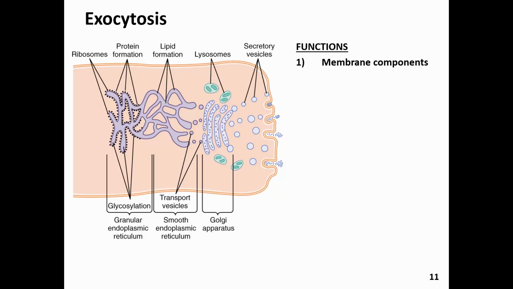One of the functions of taking an interior item inside the cell and attempting to extrude it to the exterior of the cell is to produce membrane components, where molecules to the actual membrane are coming from the vesicle interior.